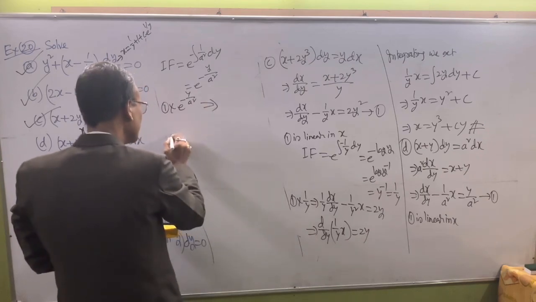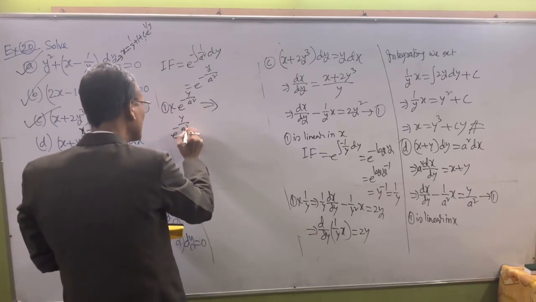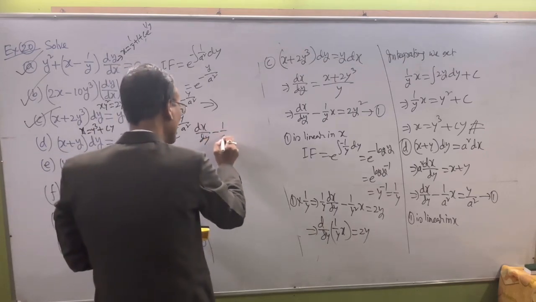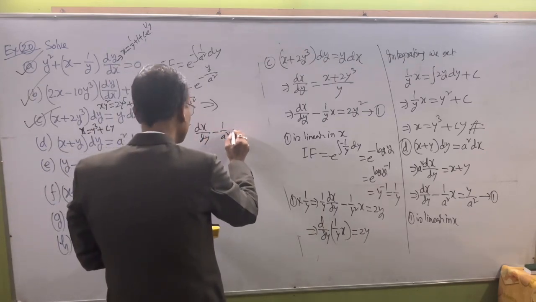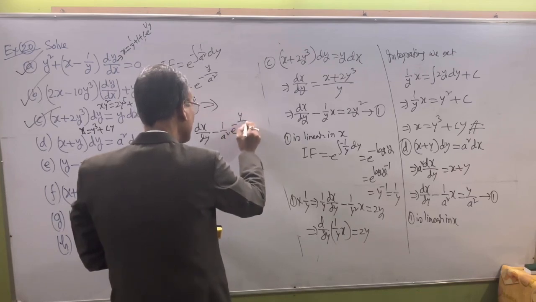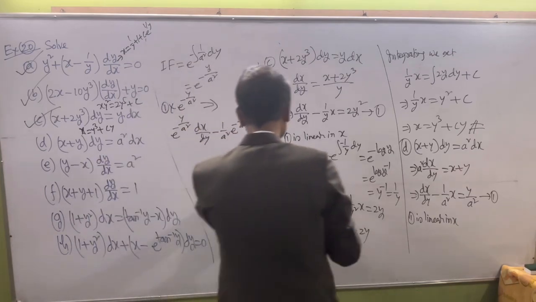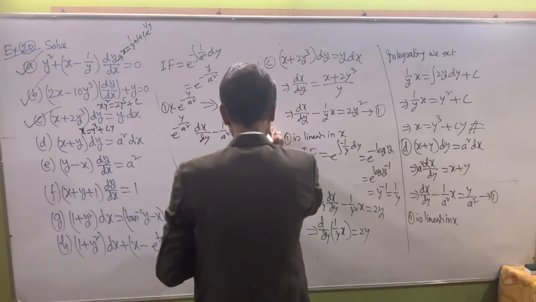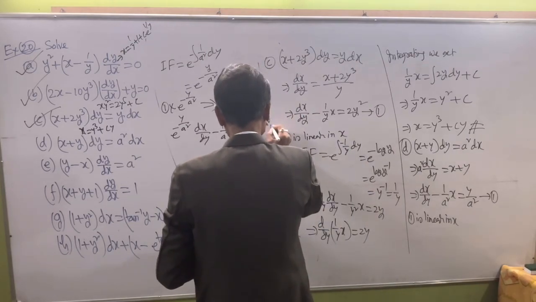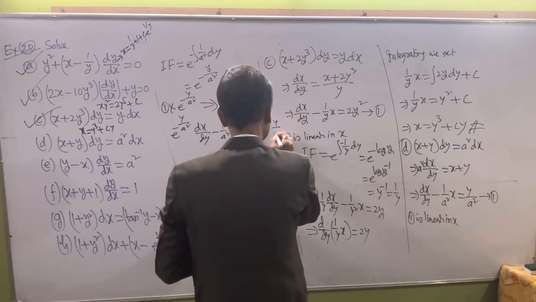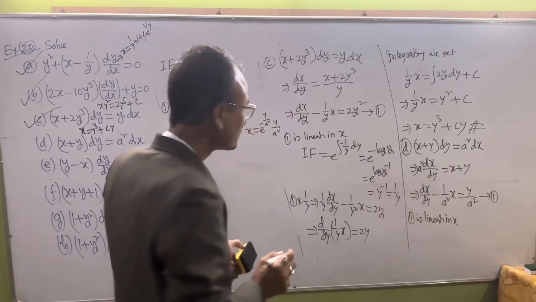This will be the integrating factor. Multiply 1 by the integrating factor. This means e to the power minus y by a square dx by dy minus 1 by a square e to the power minus y by a square x equal to e to the power minus y by a square into y by a square.